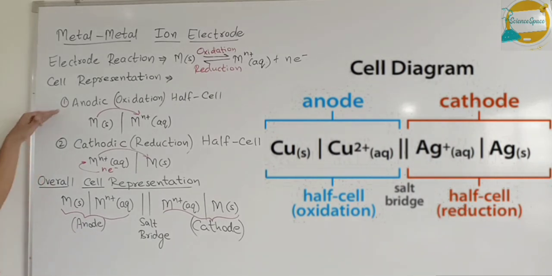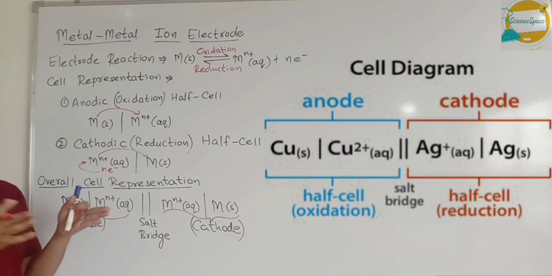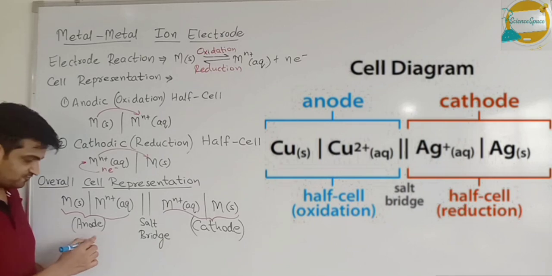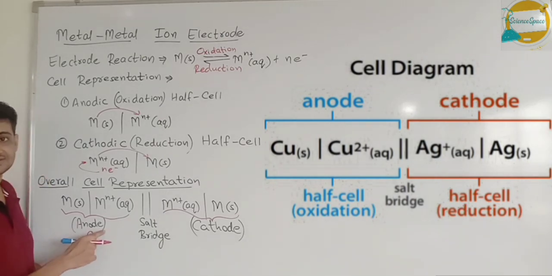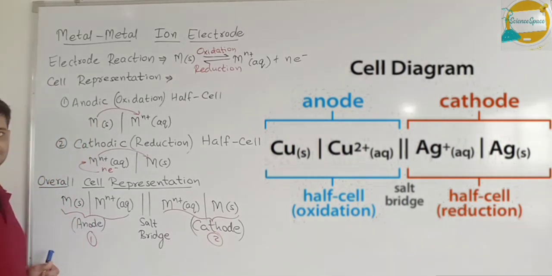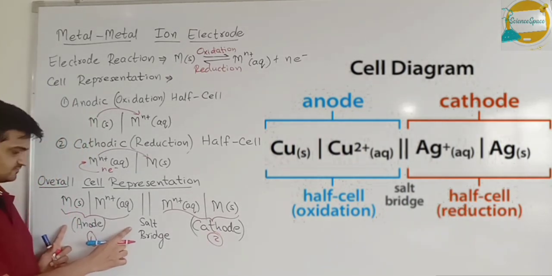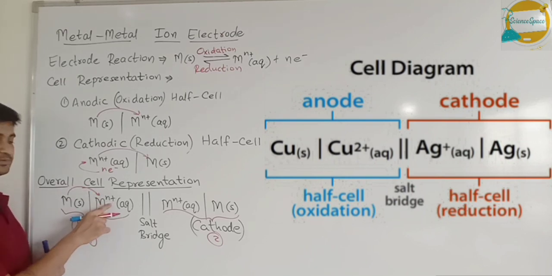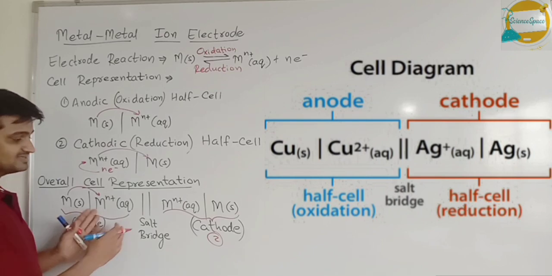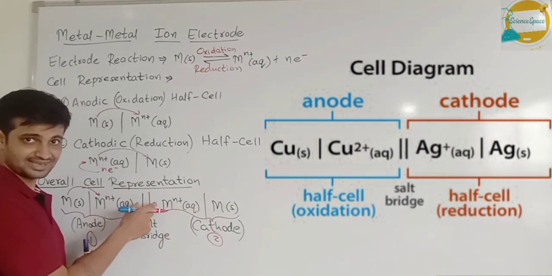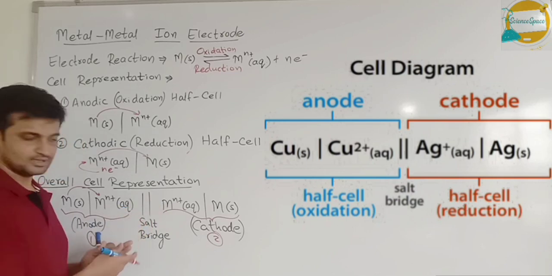Then next, combining these two, we can write the overall cell representation for the complete electrochemical cell. Always remember, the first part will be the anodic half cell and the second part will be the cathodic half cell. So in the anodic part we will write metal in solid form. It will produce Mn positive aqueous ions, which will be separated from the cathodic part by parallel lines that represent a salt bridge.